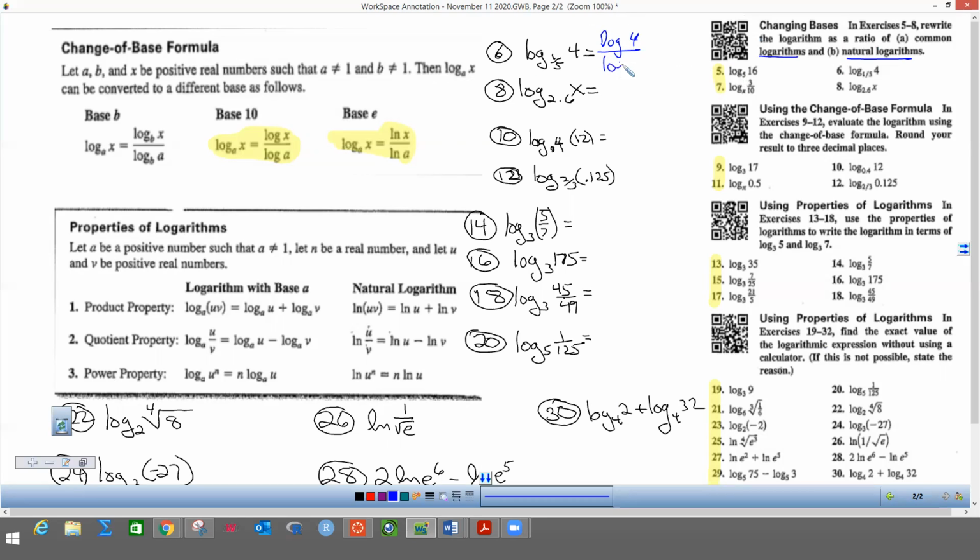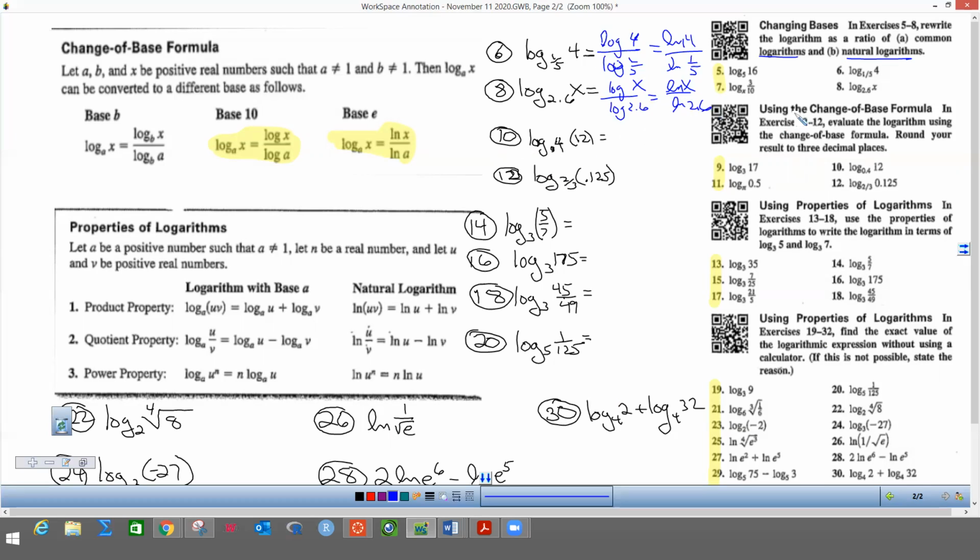Just like this one over here, you can also write that as natural log of 4 over natural log of 1/5. Doing the same thing here, it would be log of x over log of 2.6, and in natural log form, natural log of x over natural log of 2.6.